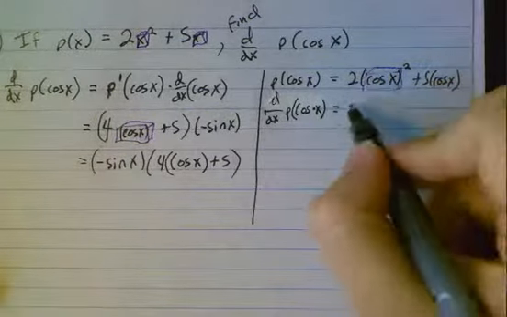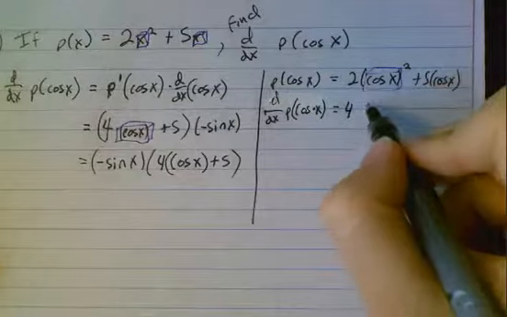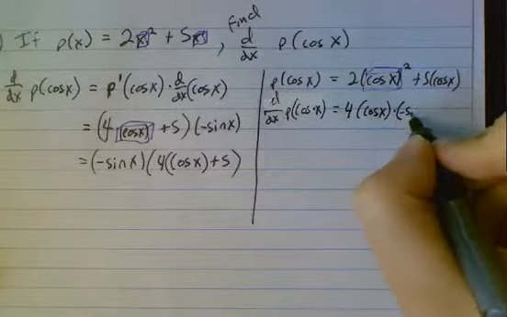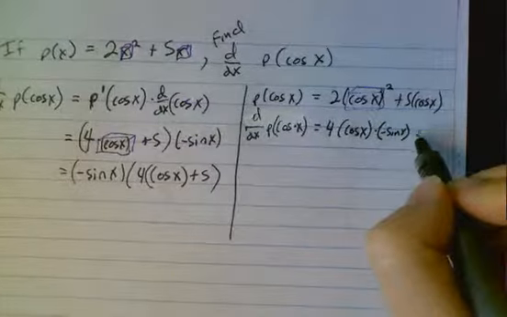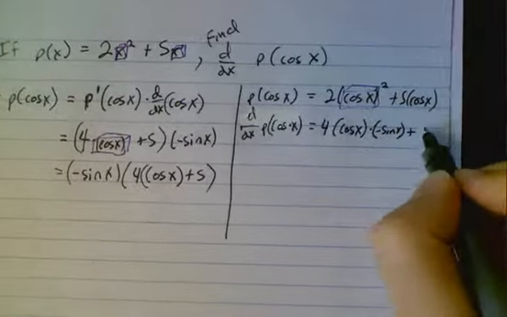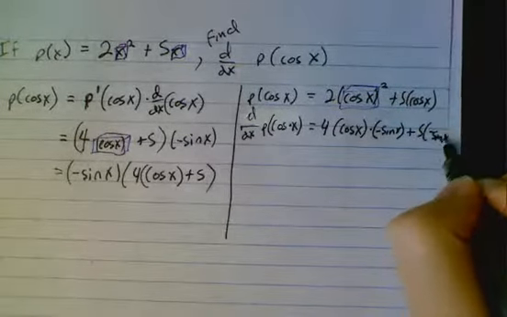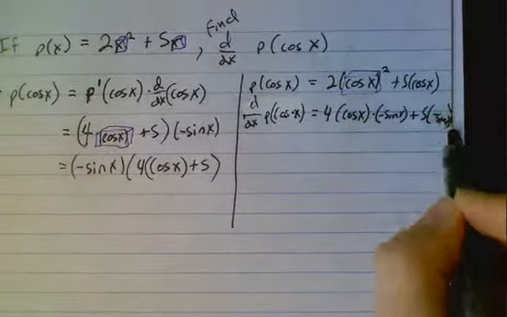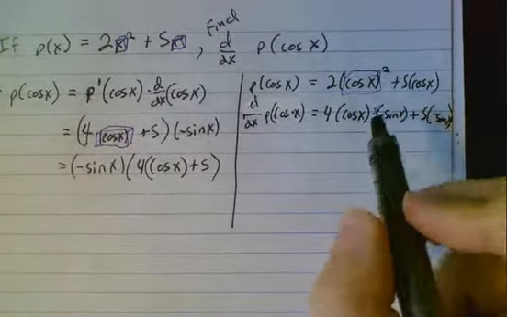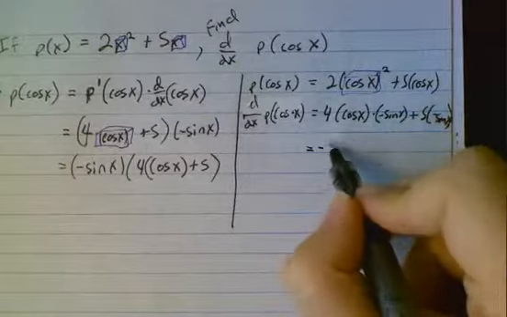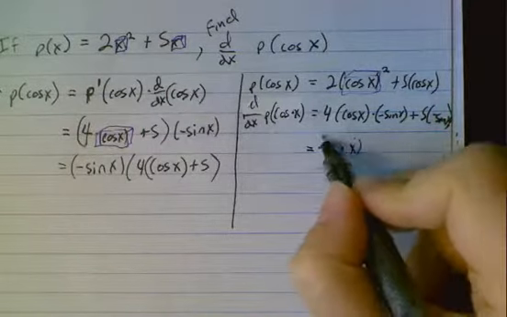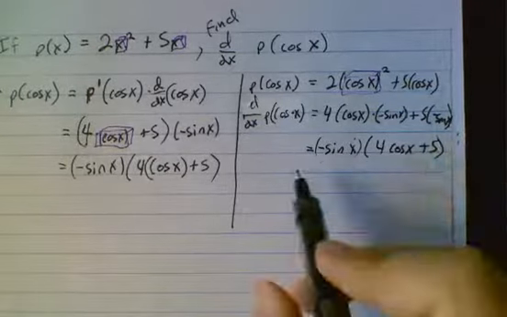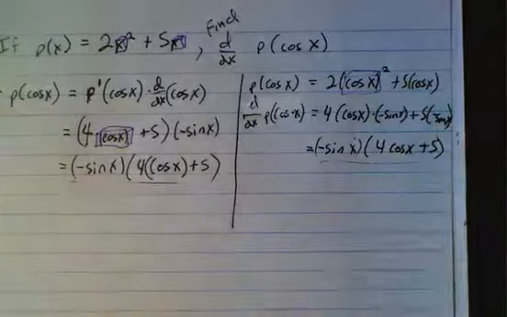So we're going to bring that down. 4 cosine of x times the derivative of what's inside, so negative sine of x. And then we're going to take the derivative right over here, so that's 5 negative sine of x. Now, one of the things to notice is that we've got a negative sine of x here, we've got a negative sine of x here. We can factor that out. Ends up with exactly the same thing in both cases.